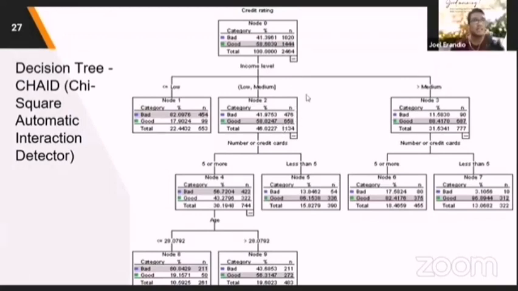As stated here, so this node 0, it is what we call the parent node. Or in our variables, this is your ultimate dependent variable. And all of this, this layer 1, income level, the layer 2, you have the credit cards, and then the layer 3, the age, all of this are the predictors.